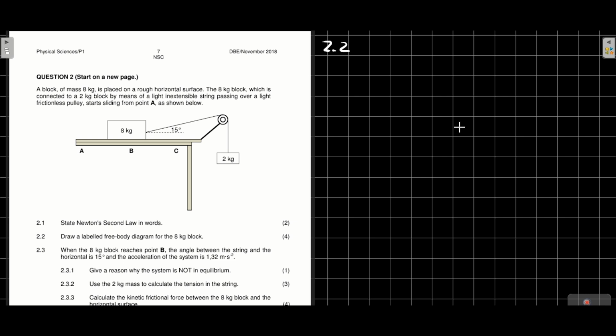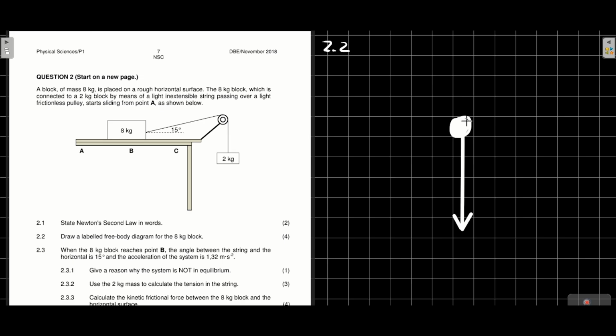We have the 8 kg block. Remember, this is a free body diagram, so we're going to represent it by a dot. And I like to start with weight. So downwards we have weight, from the center of mass, pushing it down.